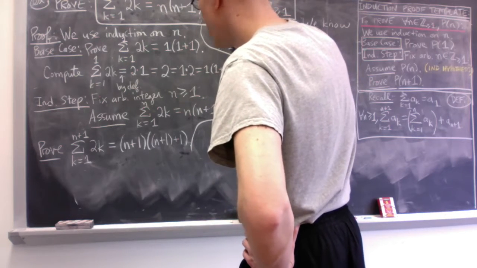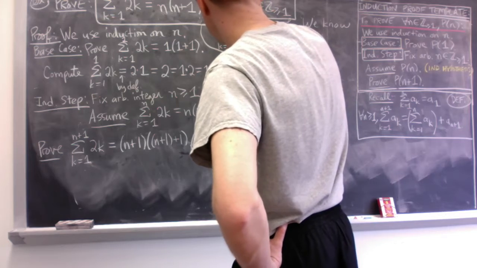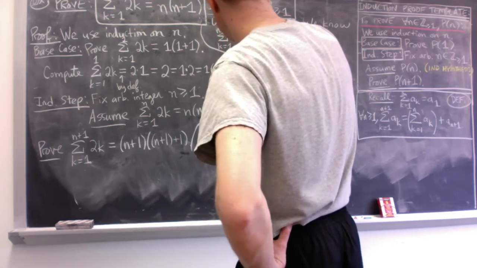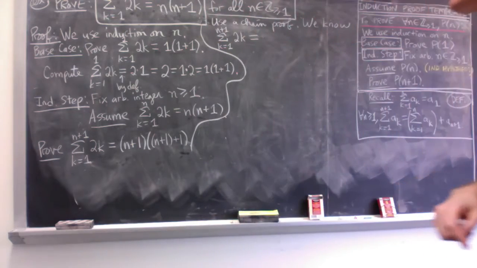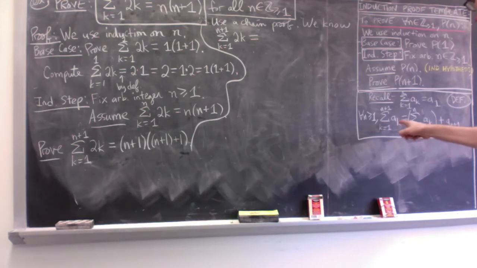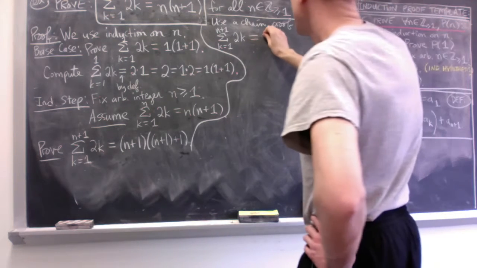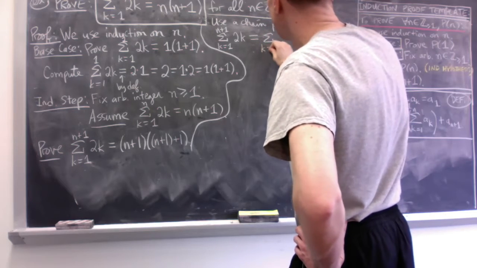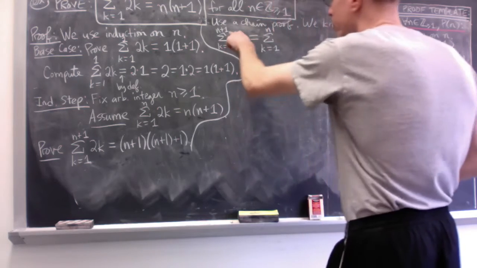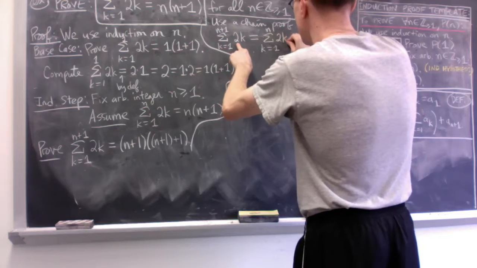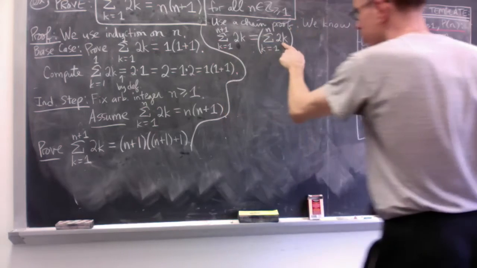So the sum for k equals 1 to n plus 1 of 2k. What do I know about that? Basically nothing, except this. This is the definition of sums at the beginning. That's really all I know. So let's do it. Let's use that. So by definition, the sum up to n plus 1 of whatever term is the sum up to n of that same term, 2k.